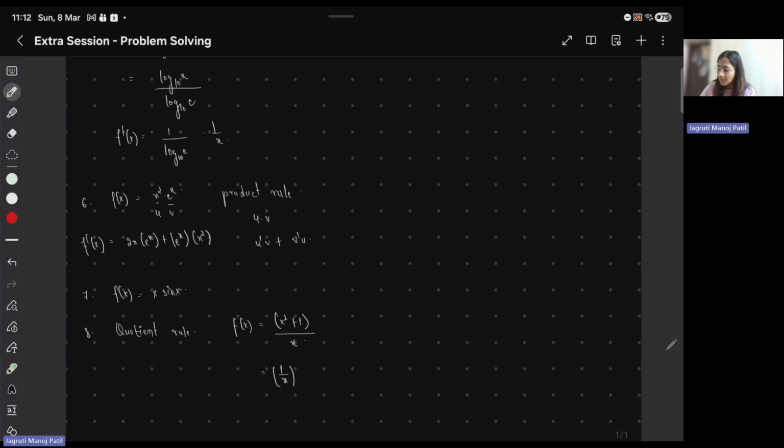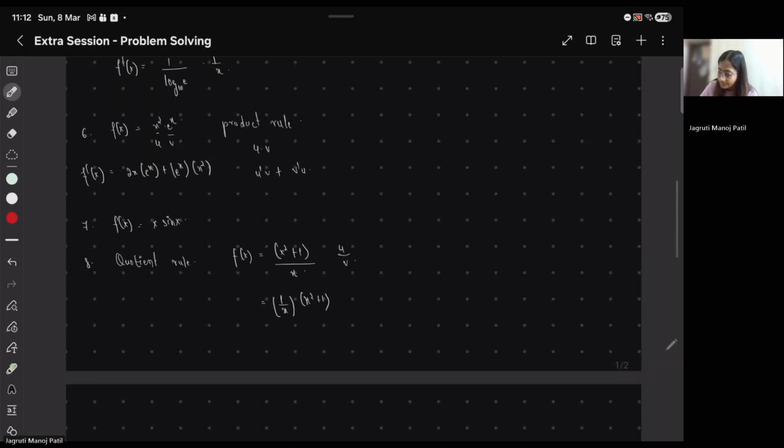You can either write it as 1 by x times x square plus 1, or you can consider it as u by v. Now for the quotient rule, the formula goes: you first derive the numerator, so u dash, keep v constant, minus you derive the denominator, so v dash, keep the first one constant, divided by v square, so denominator square.